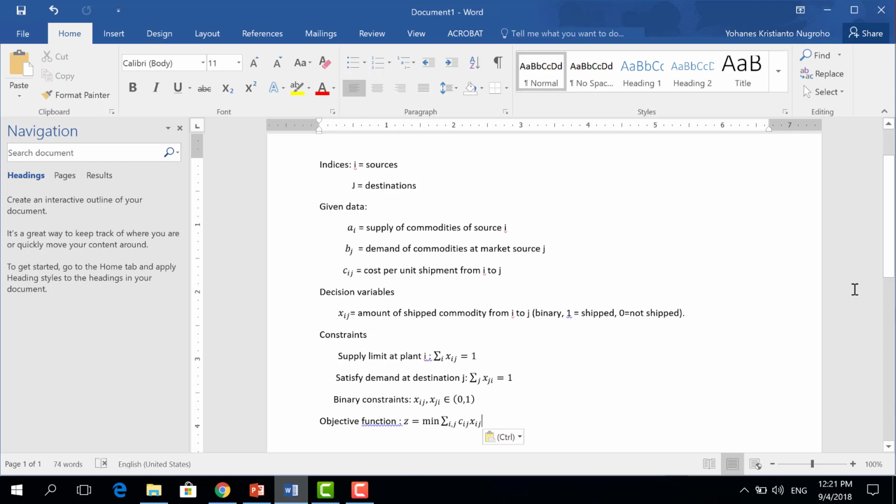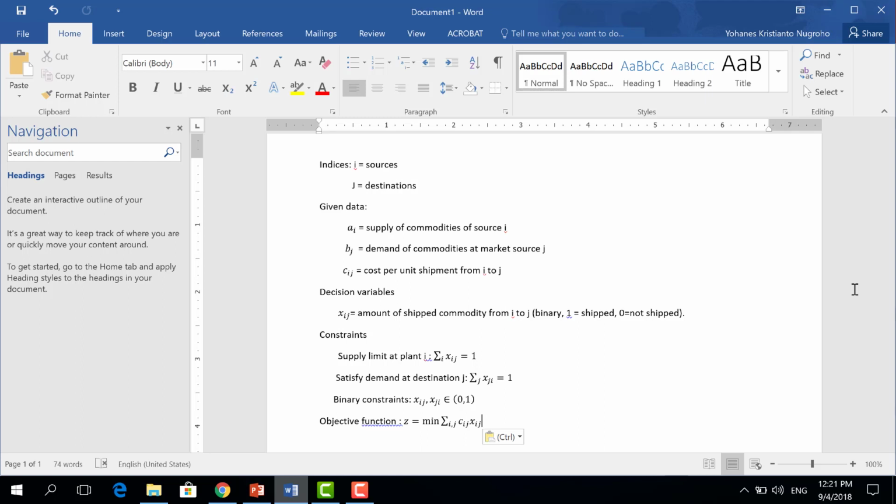XIJ is the amount of shipped commodity from I to J. It is not necessarily a physical amount, but something like yes or no, like Boolean variables. If it is one, there is a shipment from I to J. If it is zero, there is no shipment from I to J.